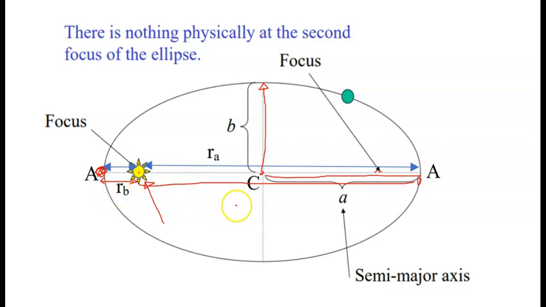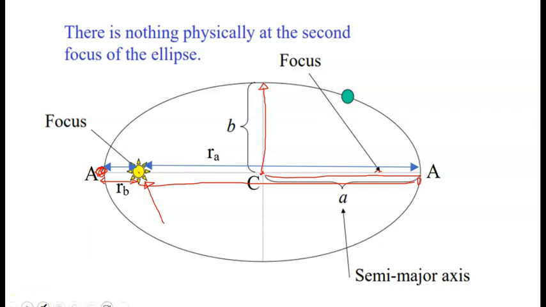The shape of the ellipse depends on the eccentricity value, and we will discuss further details about elliptical orbits in other topics.